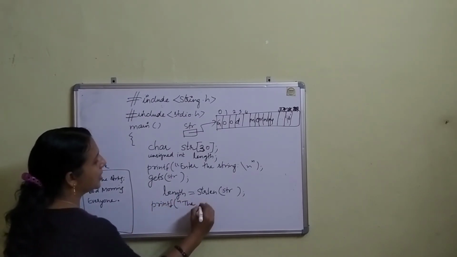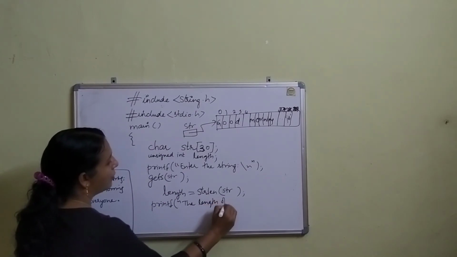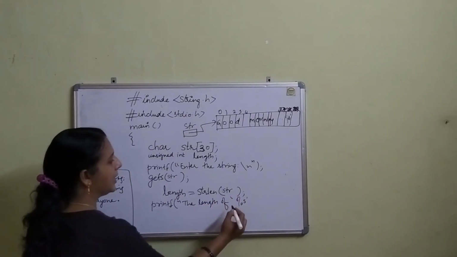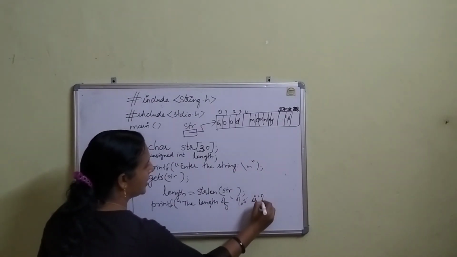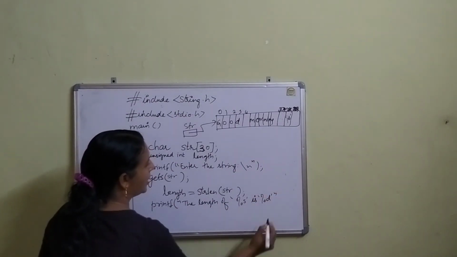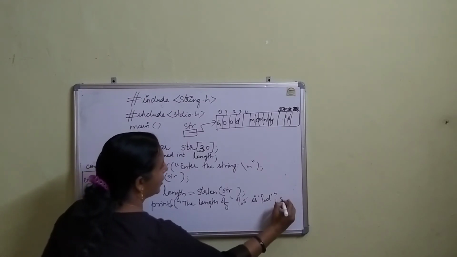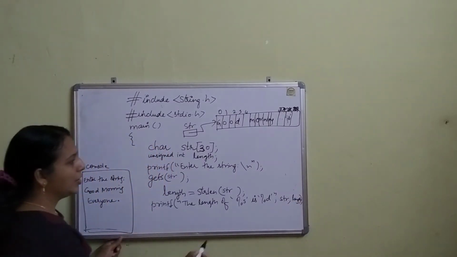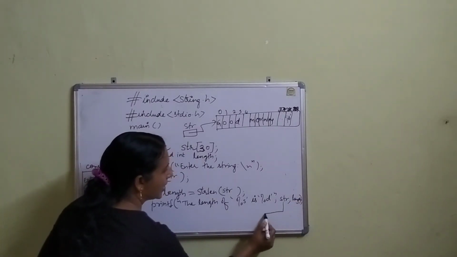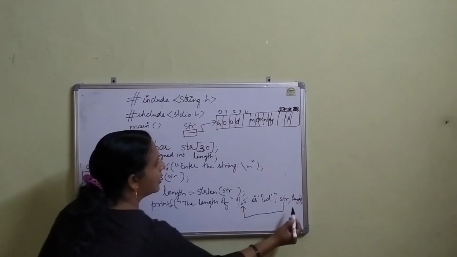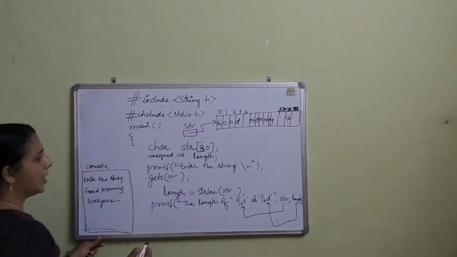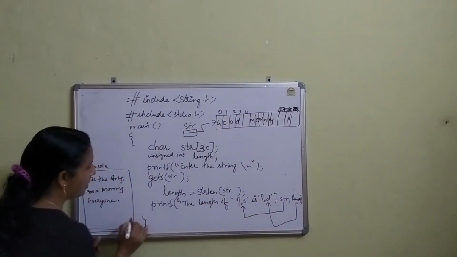So printf, the length of '%s' is '%d', inside double quotation, comma, and here you pass the string, and then the variable where you have stored the length of the string. So the str character array value will come here, and the length variable's value will come here. Then the semicolon, and your program ends here.